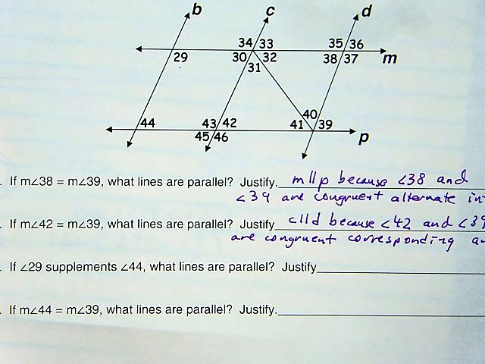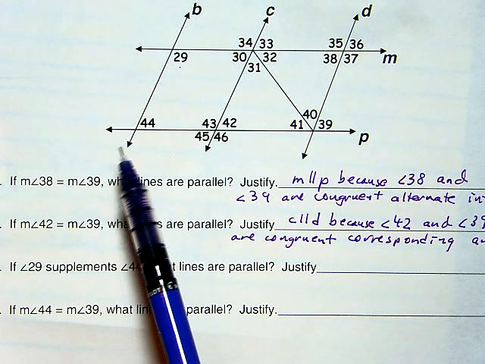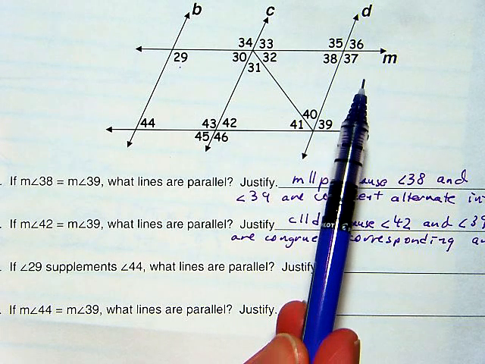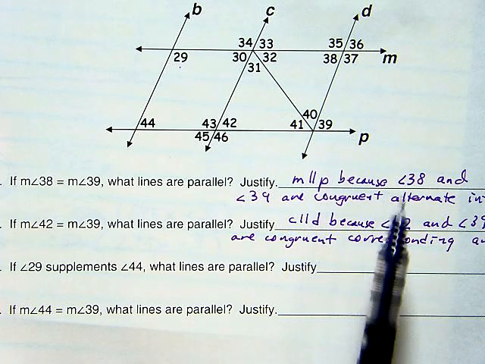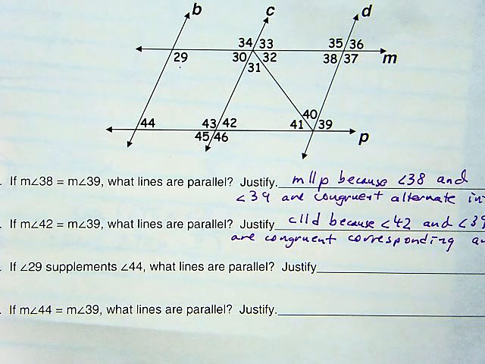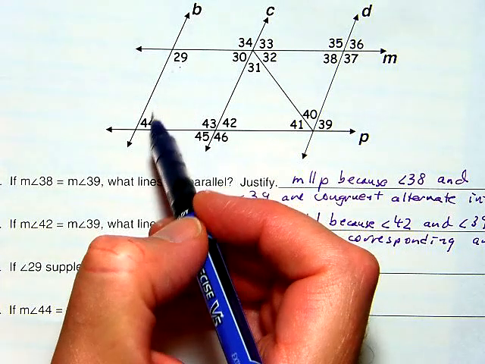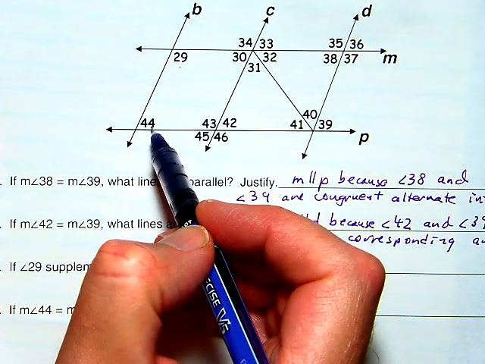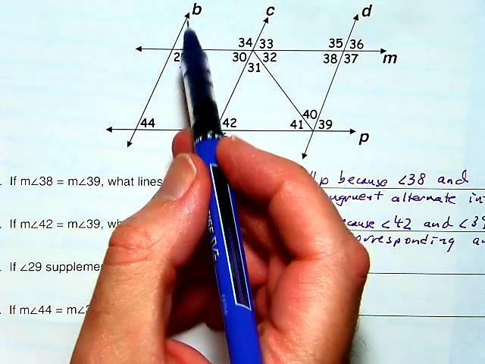Well, again, I think you can see B certainly is not a candidate for being one of the parallel lines, right? It clearly crosses the other two. So somehow the candidates here are M and P, and we've got to figure out, can we prove that M is parallel to P? Well, what is the relationship between angle 29 and angle 44? B is the transversal.